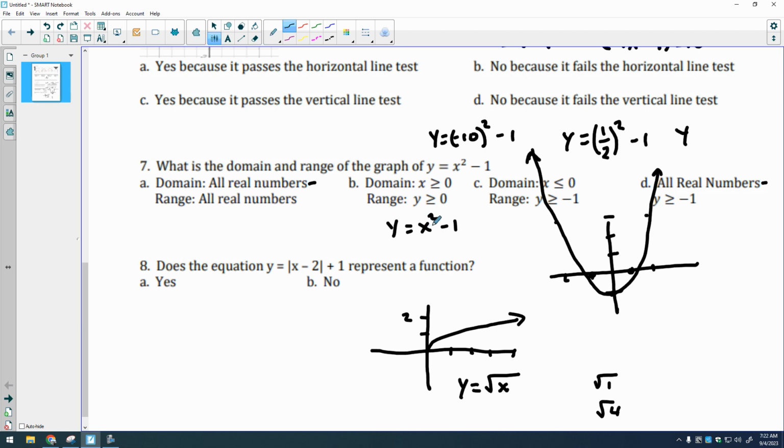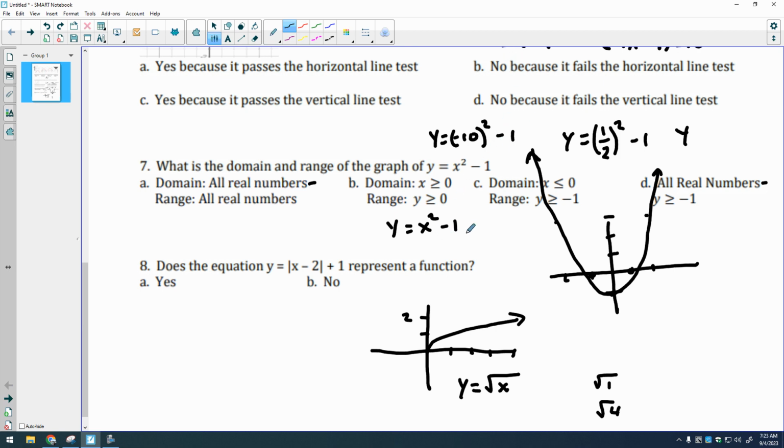Okay, let's plug in a very, very large negative number. What happens to it? When you square it, it becomes positive, like a negative 10. When I square a negative 10, it becomes a positive 100. It becomes way up here. When I subtract 1 from it, it's still way up here. If I put in a negative 1,000, you get a million minus 1. And again, it's way up here.